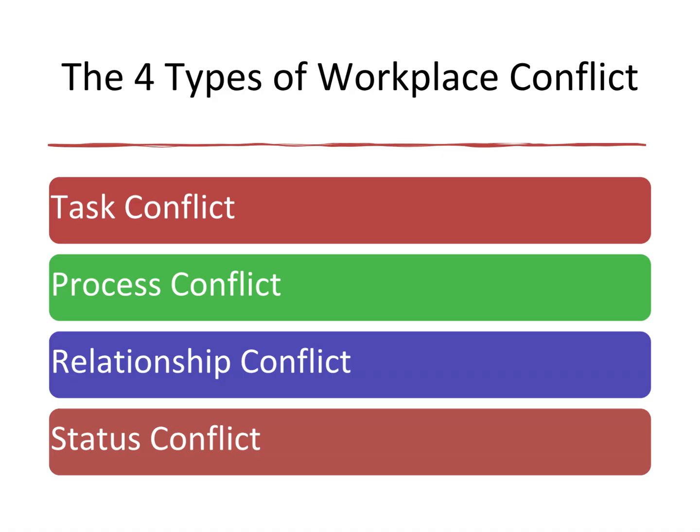Next is process conflict. This is about the methods or processes used in completing a task. Sometimes simply clarifying the process eases tensions and improves efficiency.